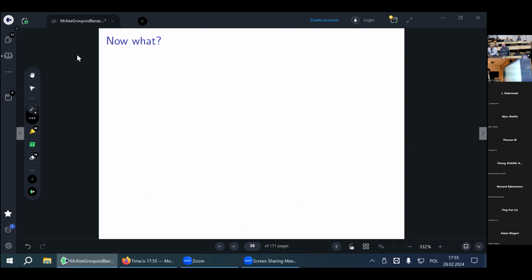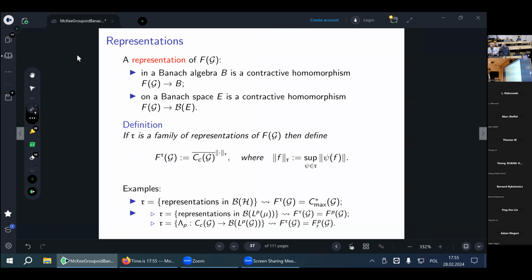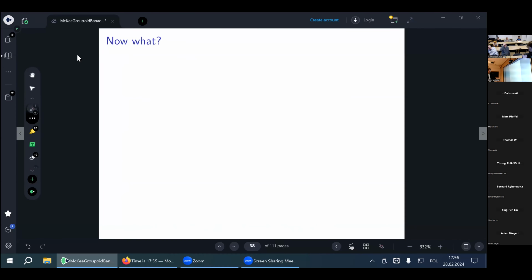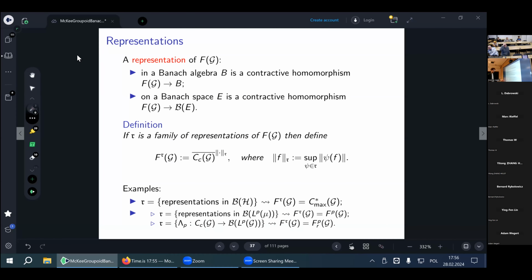So even if you restrict yourself to Hilbert spaces, it's not clear to me that if you allow all these representations, what guarantees that you obtain a finite supremum?